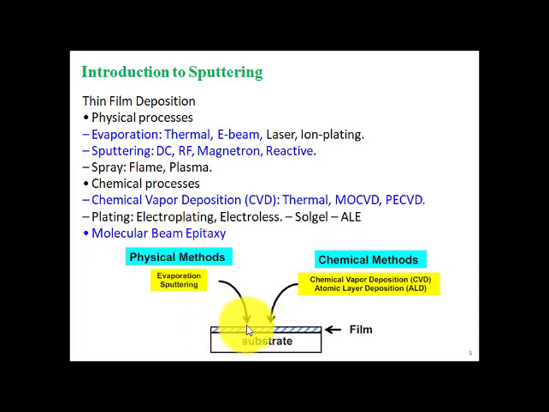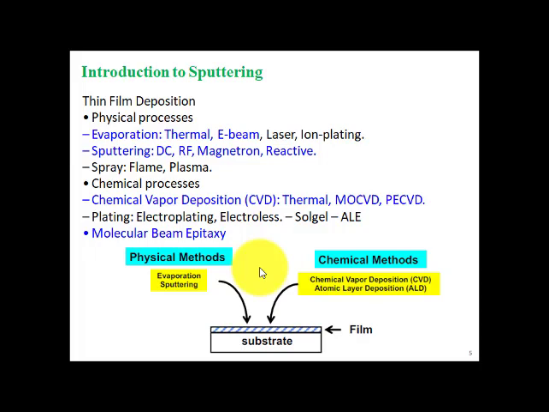In this diagram we can see, here we have a substrate material and we deposit a film on the surface of this substrate material. So we can use either physical methods or chemical methods. Physical methods, for example, evaporation or sputtering. Chemical methods like chemical vapor deposition, atomic layer deposition, ALD method. So these are different methods for thin film deposition.